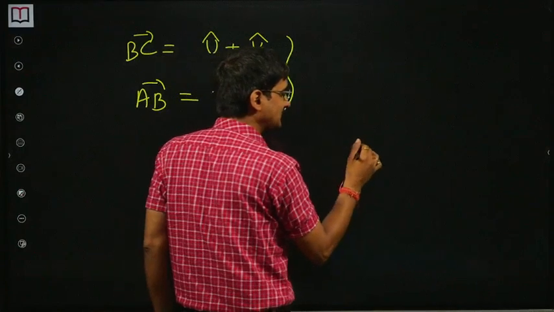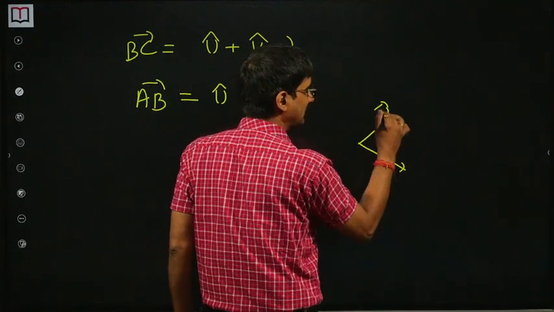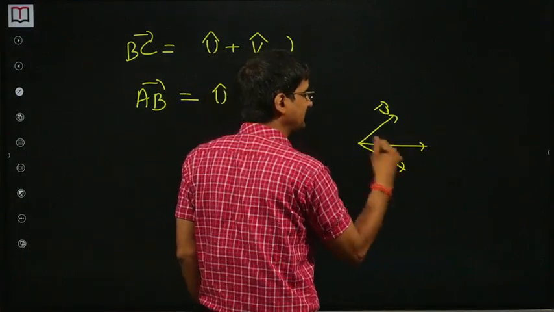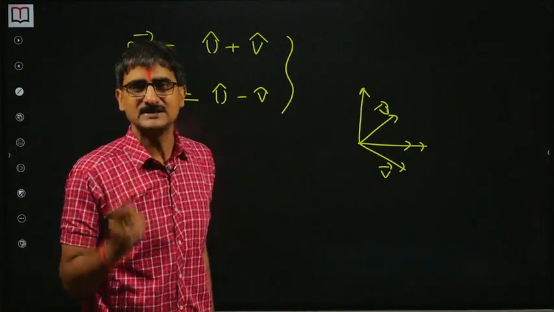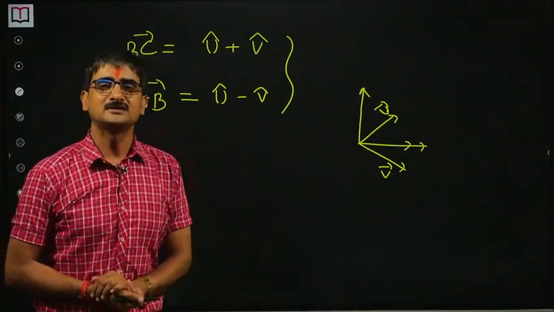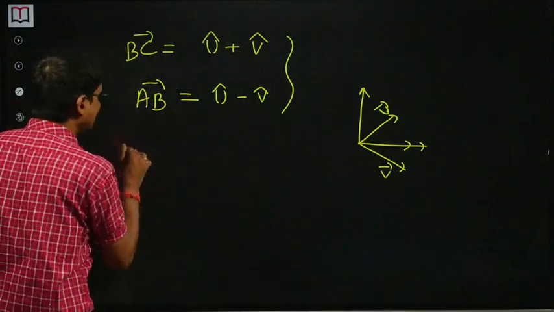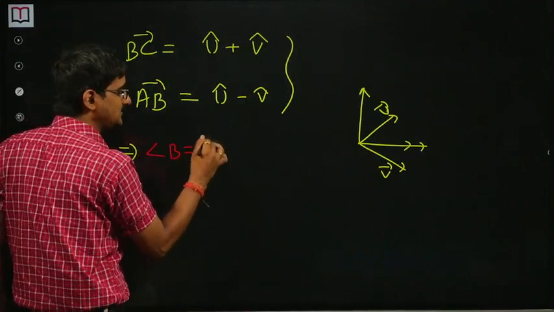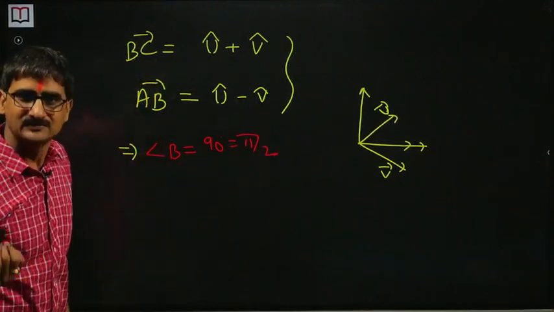If I consider vector U and vector V and go for their angle bisectors, one will be along this and one along this, and there's a very fundamental theorem: for two given intersecting lines, their angle bisectors are always perpendicular to each other. So of course they are perpendicular, and you can verify that also. So this implies angle B is 90 degrees, it's pi by 2. Angle B is pi by 2.